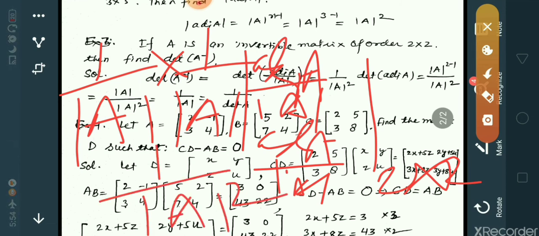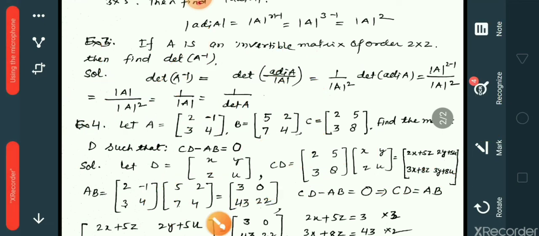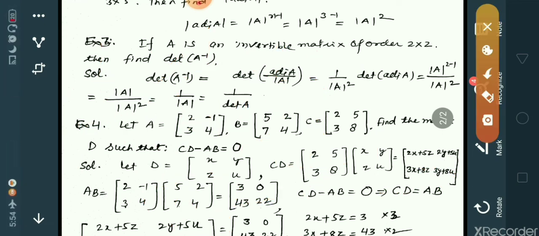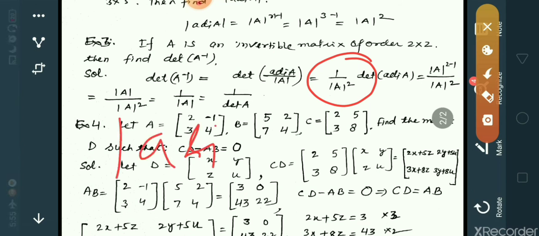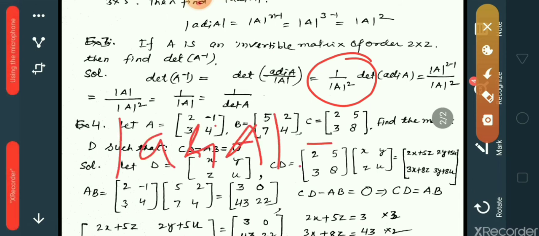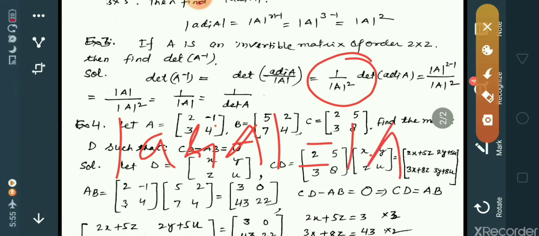Now the determinant of adjoint of A, as I told you on the previous page, is equal to determinant of A raised to the power n minus 1.